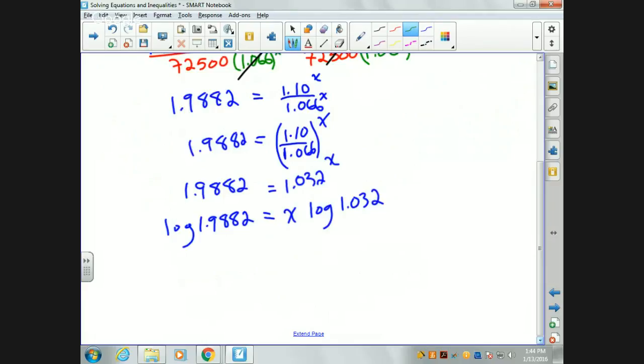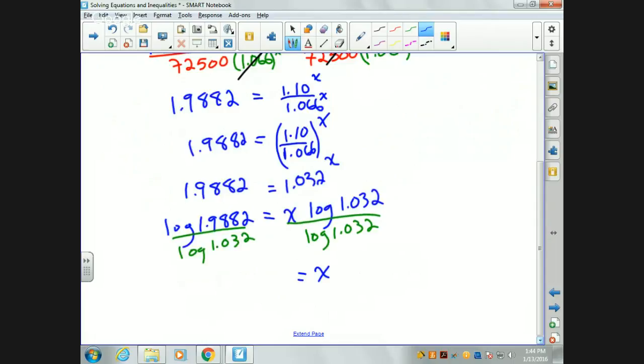And then from here, we could just divide both sides by the log of 1.032. Somebody will have to do that for me.